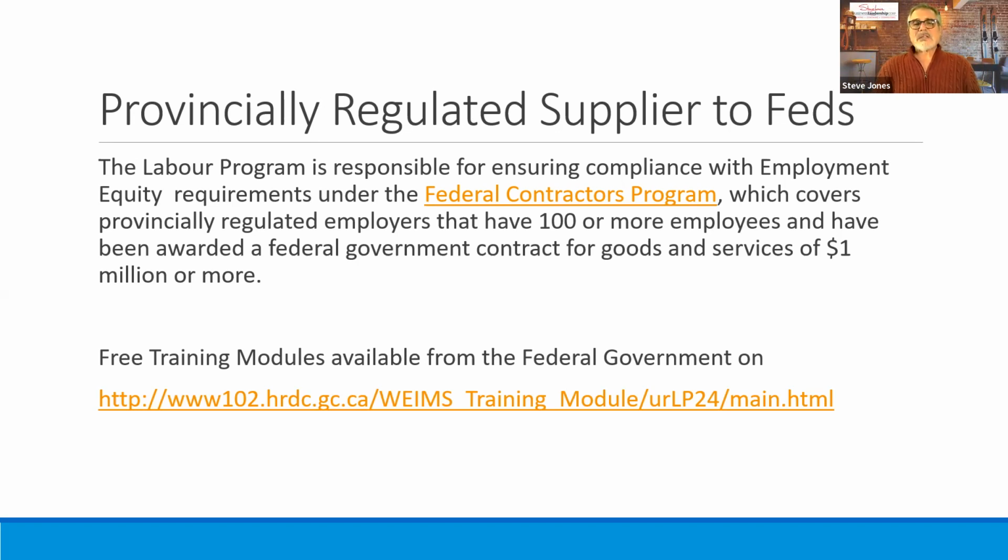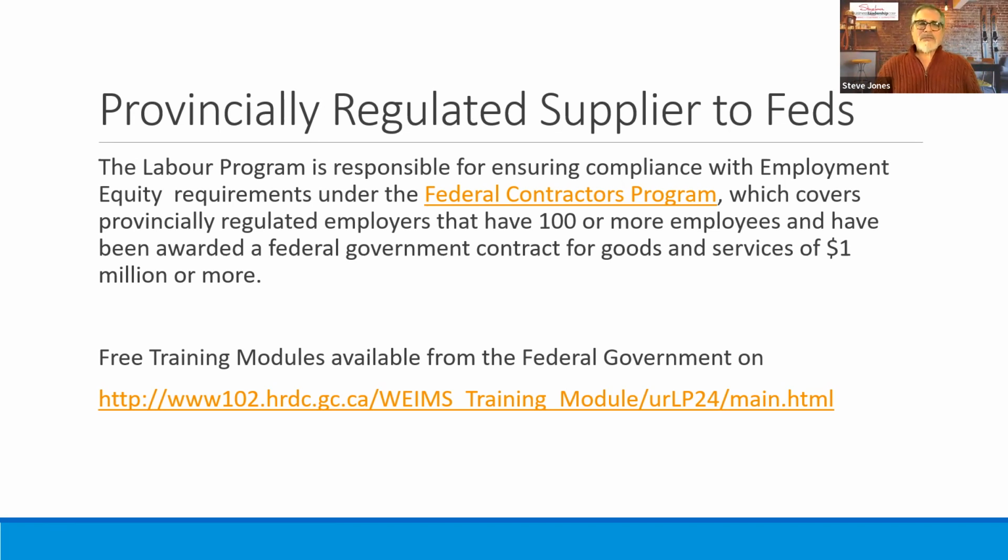So if you are a supplier, if you're a provincially regulated company like a staffing company, and you are a supplier to the federal government, and you have 100 or more employees, and you've been awarded federal government contracts for goods or services worth more than $1 million, then the federal government wants you to implement an employment equity program.